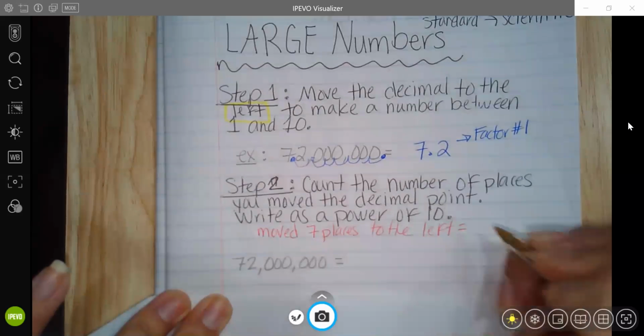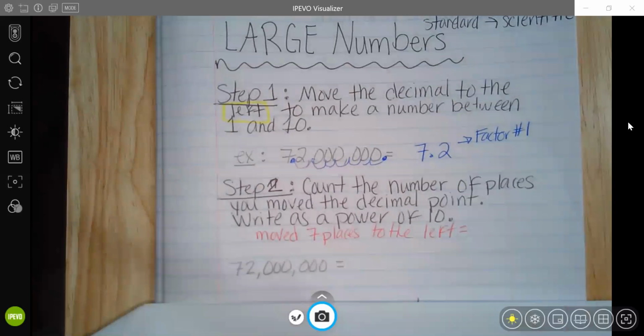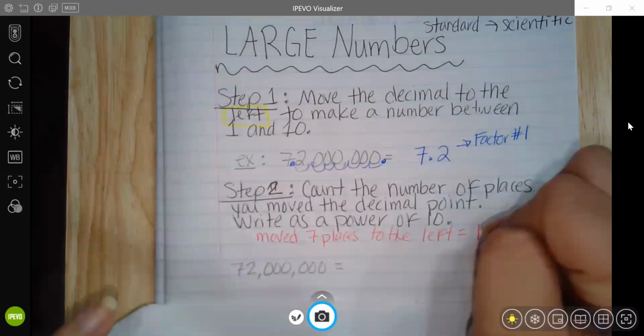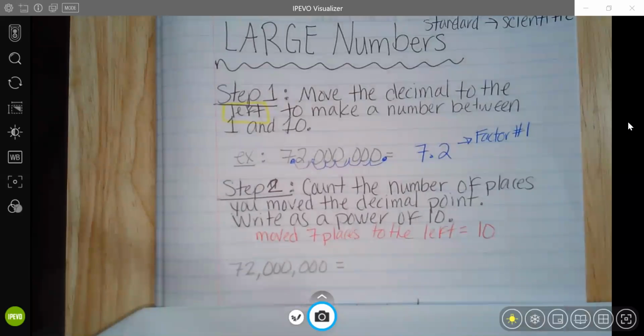Now, Kayla, what would be my power? I know it's power of 10, but what would be my little exponent? Positive 6?